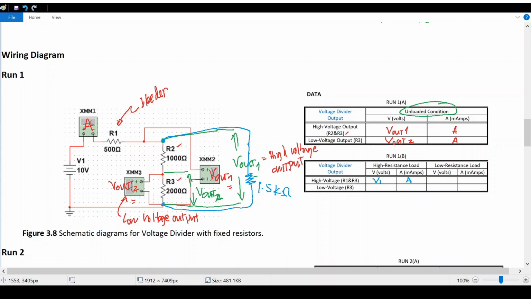And then change the value of the load resistance to 800 ohm. Then record the reading of the voltmeter 1 for low resistance load, and then the new reading of the ammeter.